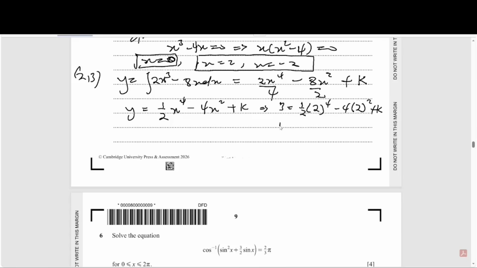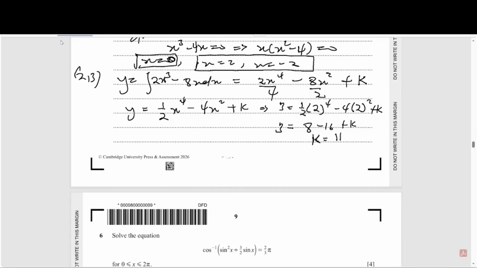That gives us 3 is equal to 16 over 2, and that is 8. And this is 4 times 4, that is 16, plus k. Now we have k is equal to this negative 8, so it goes to the other side, and then we have 11. K is 11, right?